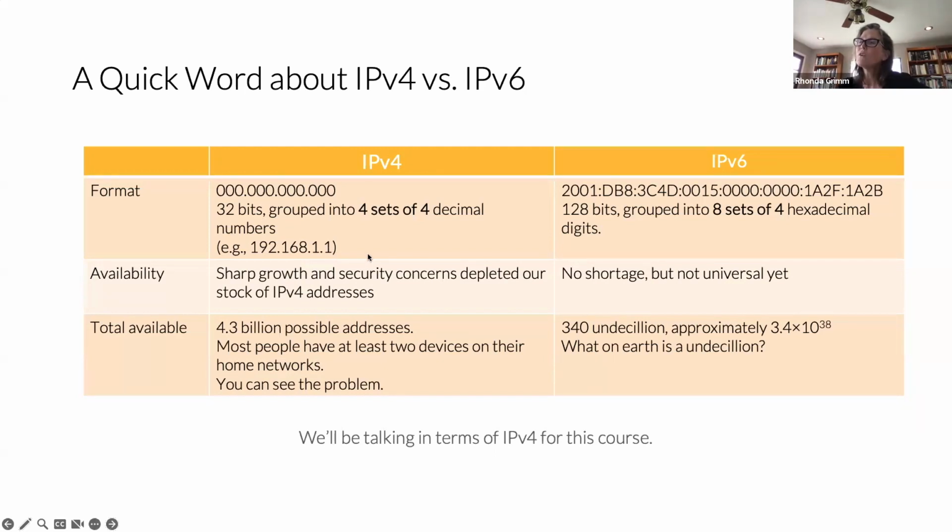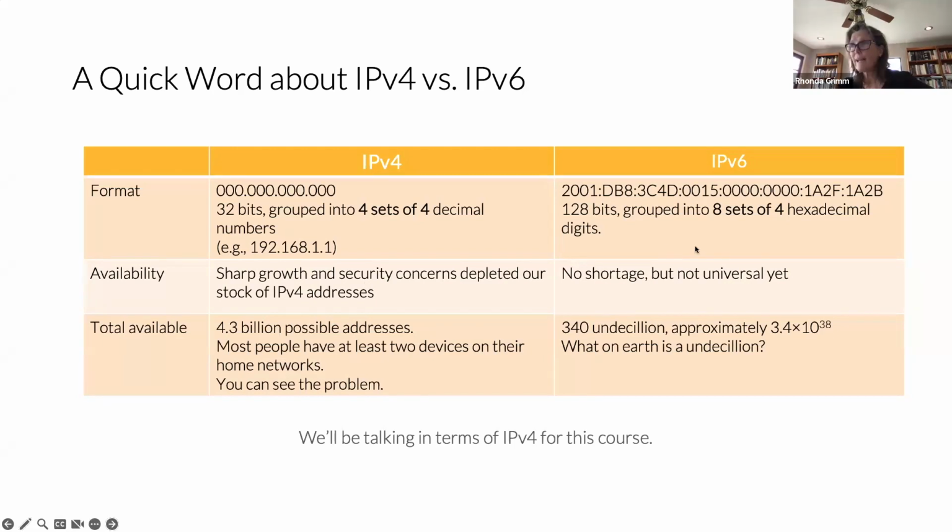When the internet first started taking off, we thought, oh, this is awesome, there's 4.3 billion possible combinations here. What could possibly go wrong? Well, now everybody has devices. I have 3 devices I'm looking at right now. So you can see the problem. We started running out of IP addresses, and if everything on the internet needs one, this is a problem.